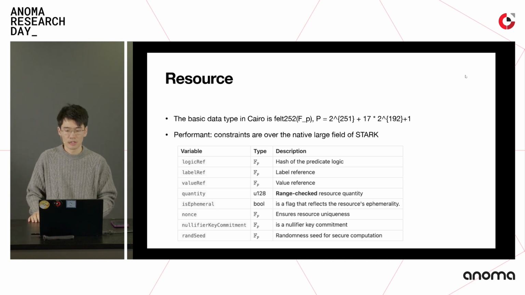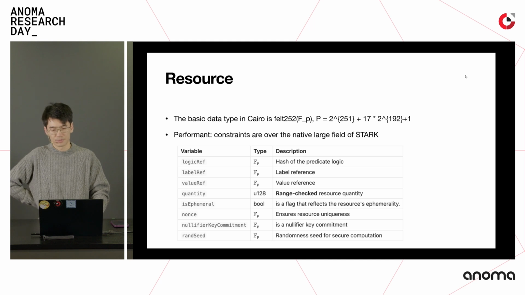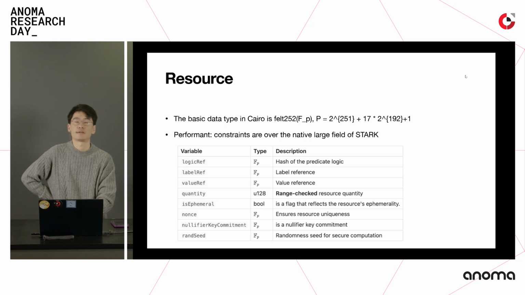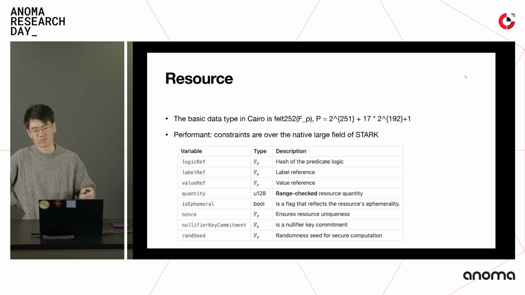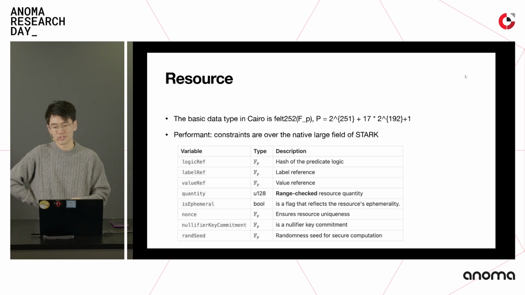The quantity field will eventually be converted to a finite field, so we also need a range check here to make it secure. Next is the ephemeral flag, which is a key element to achieve intents. An intent resource is a special resource with a true ephemeral flag.